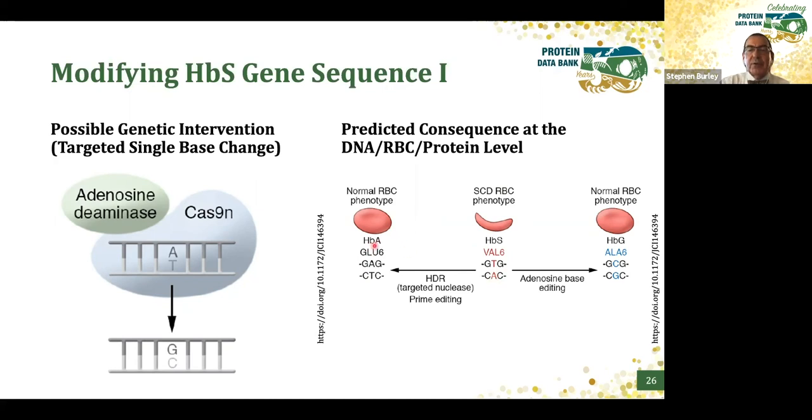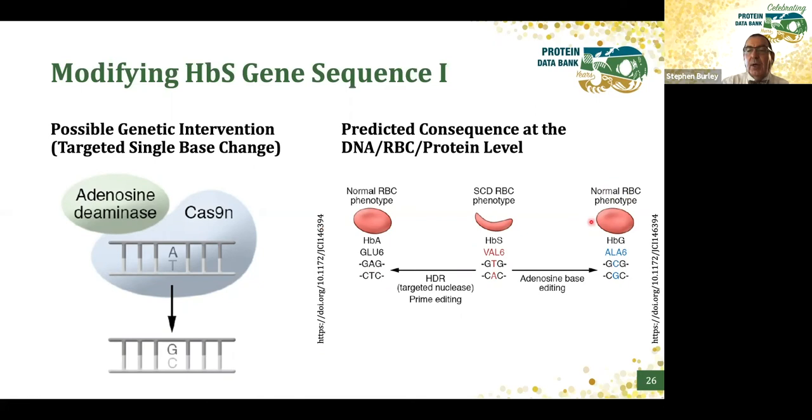What one would like to do is to actually fully correct and change this TA base pair into an AT. That's not possible with the adenosine deaminase CRISPR-Cas9 system, but what is possible, at least in principle, would be to use the adenosine base editing and to put a CG base pair here instead of a TA.